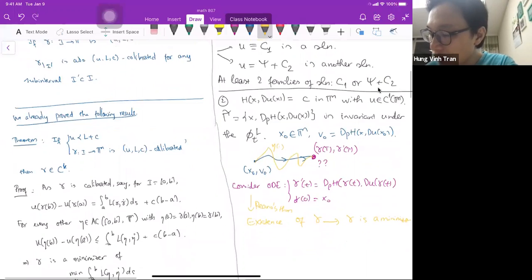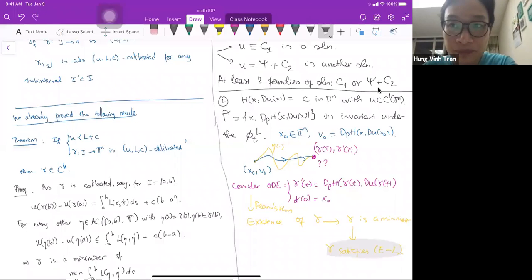Once gamma is a minimizer, you deduce that gamma satisfies the Euler-Lagrange equations, and that helps us conclude that it's exactly going along the Lagrangian flow. What is really important here is that you have uniqueness of gamma.